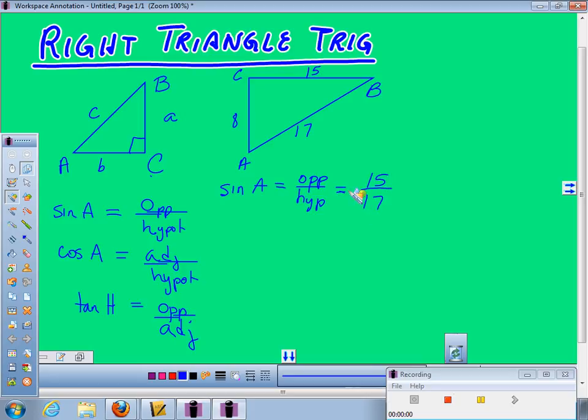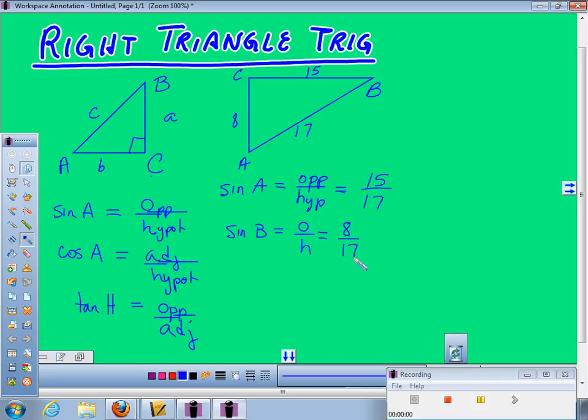And ta-da, you found the sine is 15/17. Would it be a different answer if I had asked you for the sine of angle B? That would still be opposite over hypotenuse, 8/17. So the opposite of angle B is 8/17.